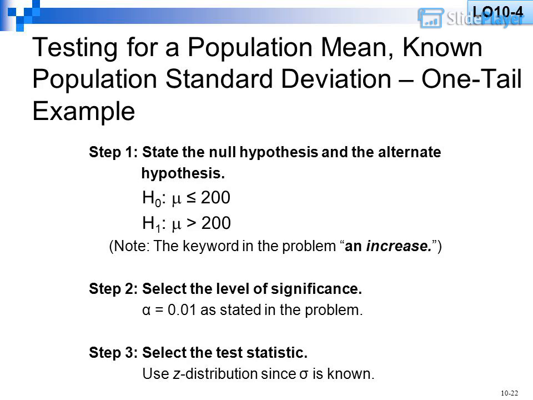H1, greater than 200. Note, the keyword in the problem is increase. Step 2, select the level of significance. Alpha equals 0.01 as stated in the problem. Step 3, select the test statistic. Use the z-distribution since sigma is known.